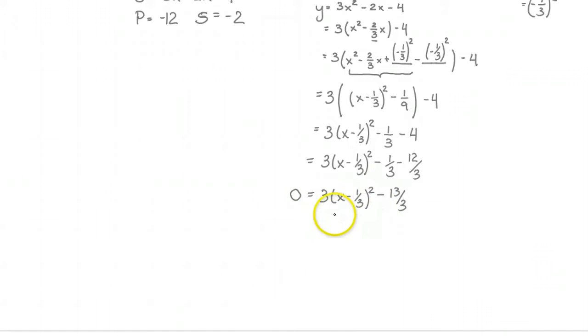So if I set this to 0, I'm going to move the 13 over 3 over. Now I'll multiply both sides by 1 over 3, so I'm going to end up with 13 over 9.